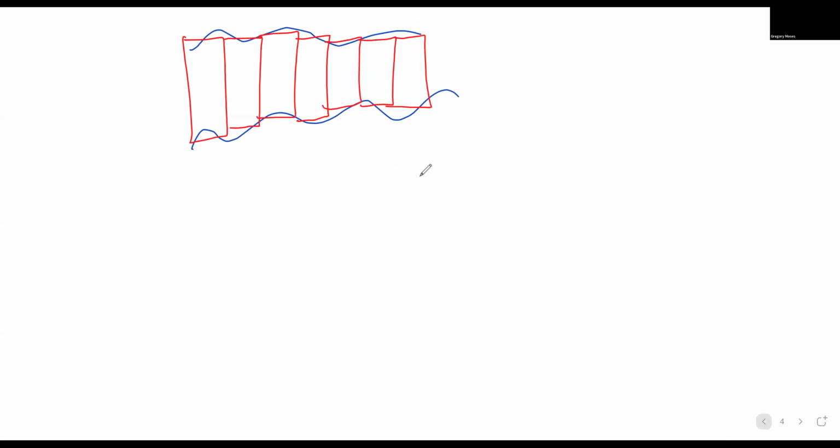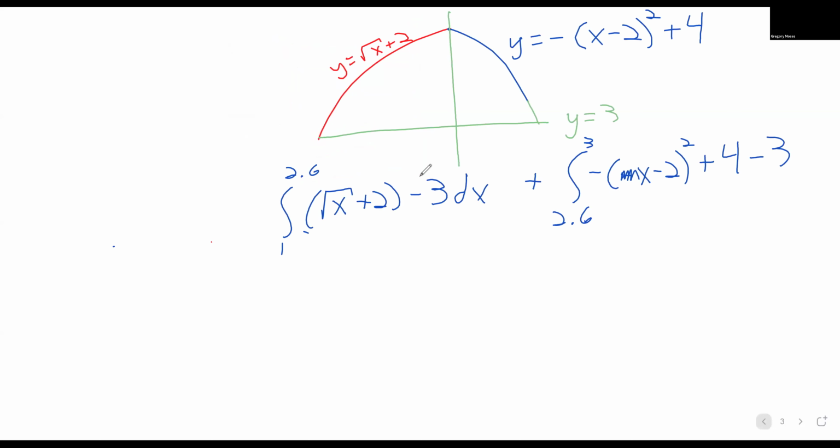And going back to here, when you draw your rectangles, sometimes they go from 3 to the square root. Sometimes they go from 3 to the quadratic. That's what's causing you to have multiple integrals, that they're going up to different functions.